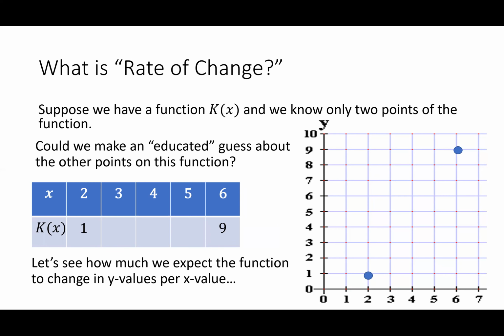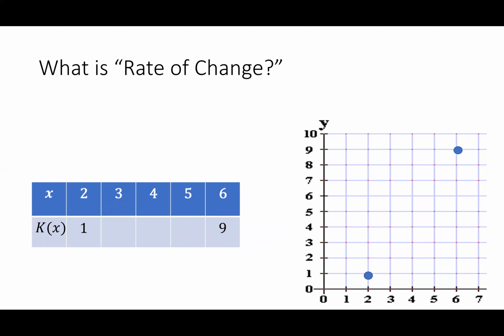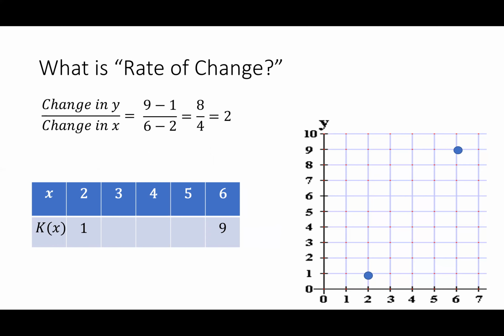So what you could do is think about how much you expect the function to change in y values per x value. You could think of it as the change in y over the change in x. What I'm really saying here is as I go over on the x-axis 1 unit, I'm going to go up on the y-axis 2 units, right? Change in y per change in x.